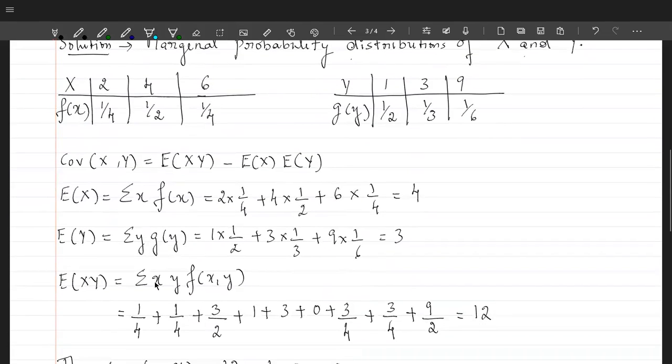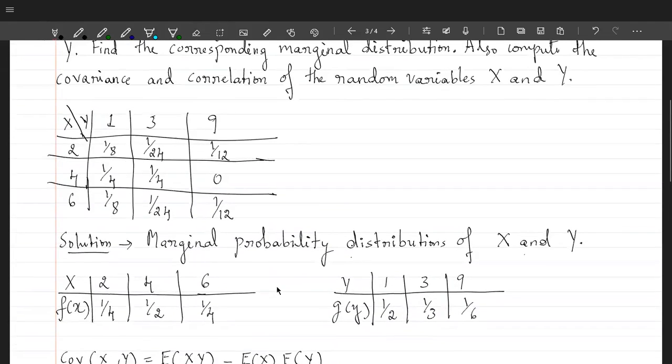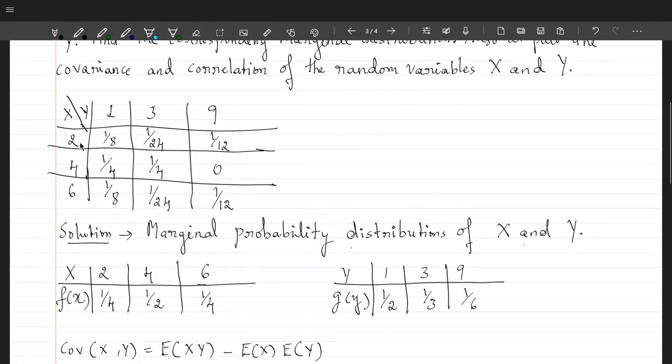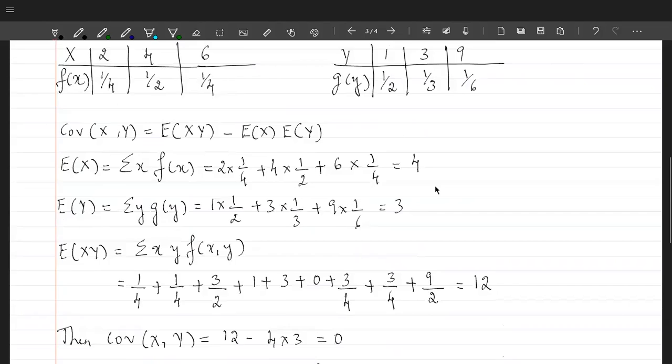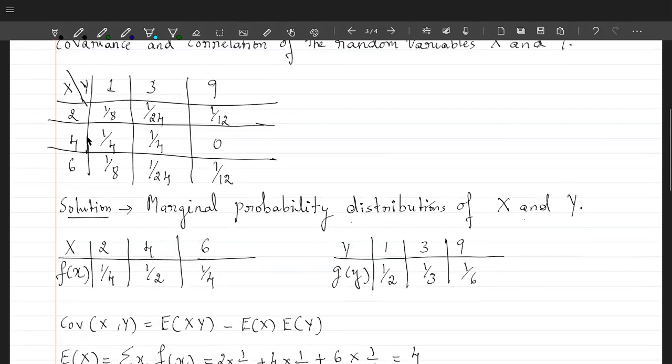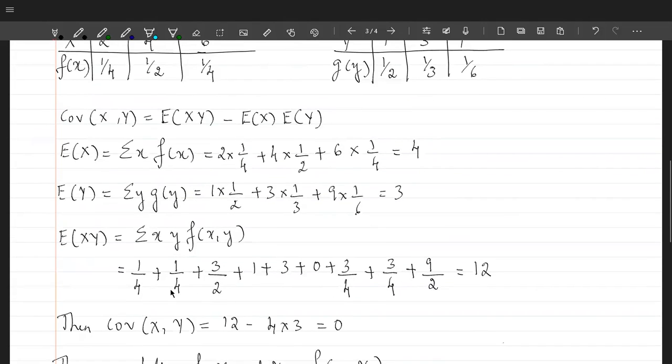E of xy is equal to summation x into y into f of x comma y. So for that you have to refer the given joint probability distribution table. So when x is 2 and when y is 1, you get 2 into 1, 2, 2 into 1 by 8, that will be 1 by 4, plus when x is 2 and when y is equal to 3, you get 6 by 24. 6 by 24 will be 1 by 4.